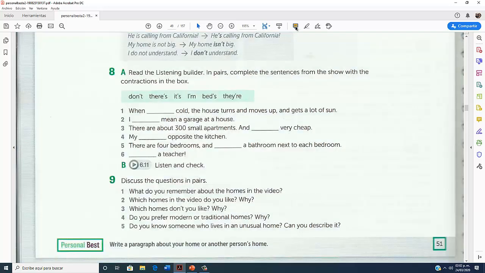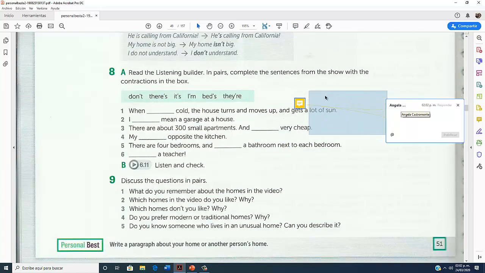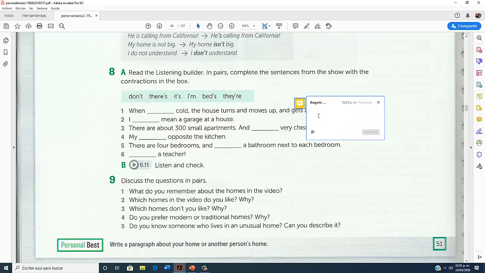Oh, here it is. When cold, the house turns and moves up and gets something. There's something there. So maybe we can say that when it's cold, when it is cold, no? When the weather is cold, when the climate is cold, when it's cold.